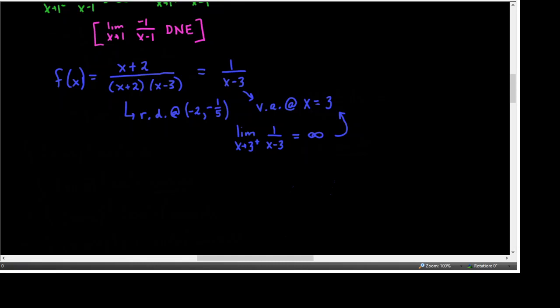Okay, example 2, part A. Let's look at h of x, which is 1 over 2 times x plus 1. We can tell that when x is negative 1, the denominator is 0.